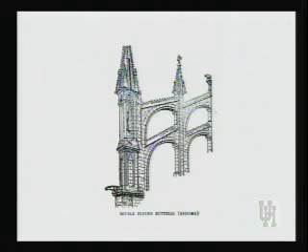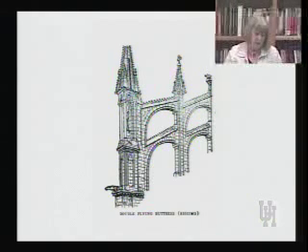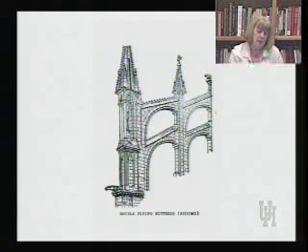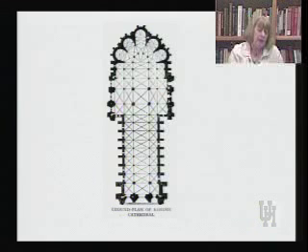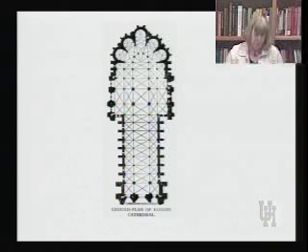Here are some flying buttresses that hold the walls up. This is a double flying buttress, and it's even more sophisticated. That holds the walls up. And here is the ground plan, which again becomes more and more elaborate. It retains the cross shape of the early churches, but now it has some elaboration.